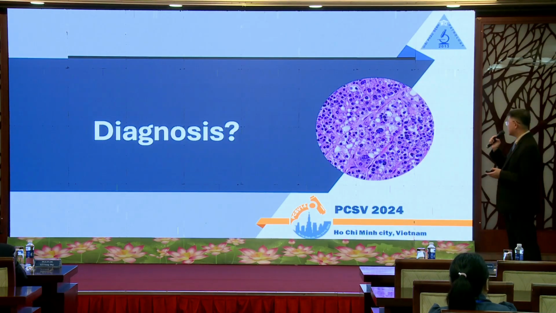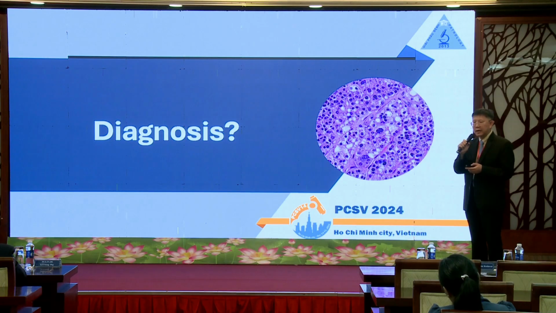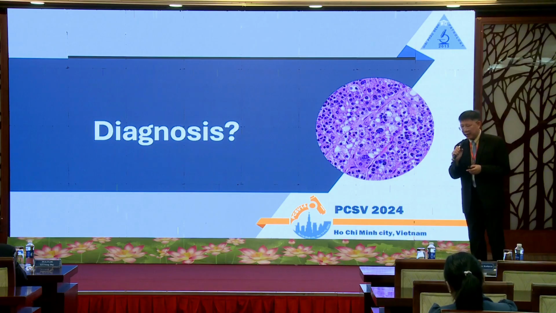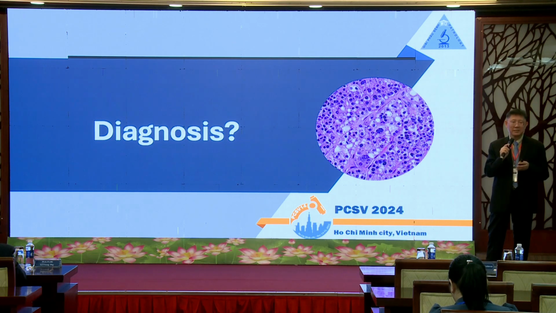What do you think is the diagnosis for this case? Since it is an unusual morphology, when you are dealing with an unusual morphology, one possible diagnosis that you may think of is a secondary tumor. So I went back and reviewed the medical record. This is a good thing when you work in a hospital, that you can always have the past history of the patient.